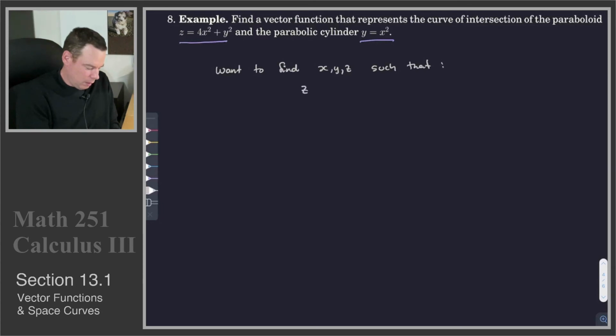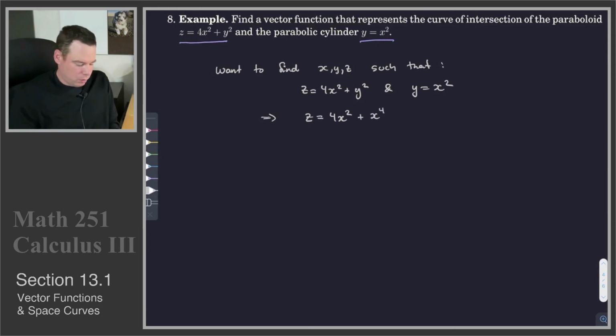So we need z to be equal to 4x squared plus y squared, and y is equal to x squared. Well, that means we need z equal to 4x squared, and if y is equal to x squared, then I can write this as x to the fourth, and y is equal to x squared.